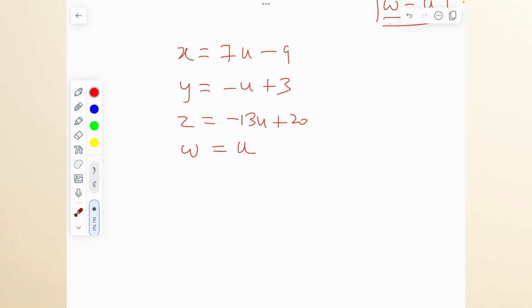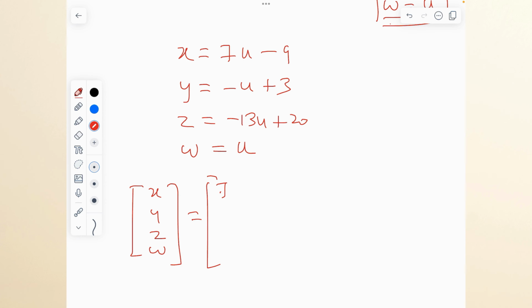So now if you are splitting the variable and writing in the matrix form, x, y, z, w is equal to 7u minus 9, then minus u plus 3, minus 13u plus 20, then u. So this u term is there, no?